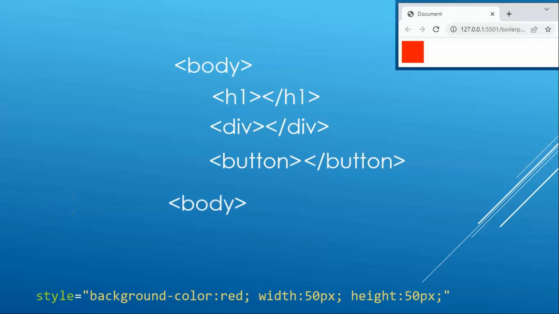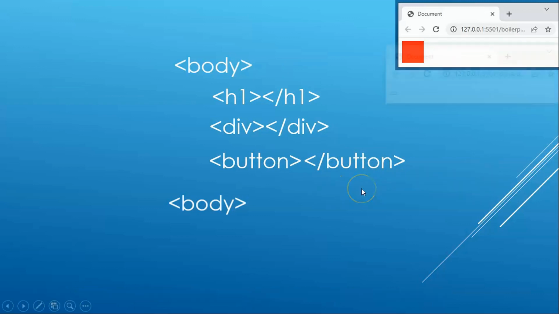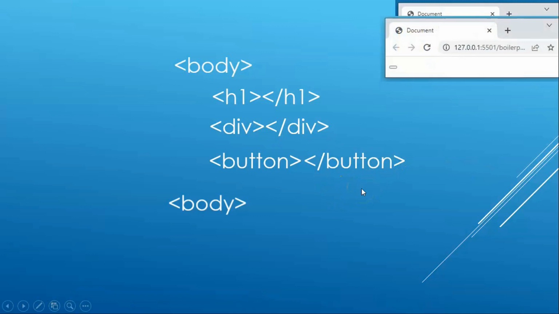Alright, then moving on, let's discuss the button tag. So our button tag is like our div tag, but in the case of the button tag, it actually shows something when you run it without writing a text. This is how our button will look when we run it without adding any text or style property whatsoever. But the button will look better when we write a text in it.